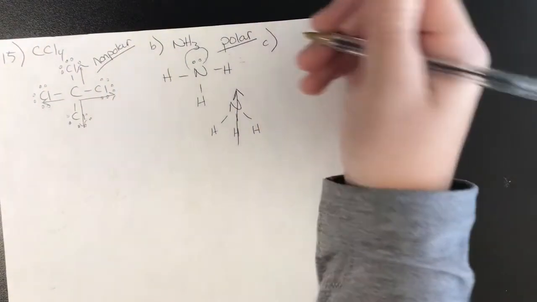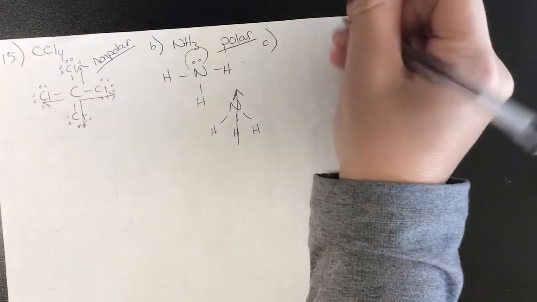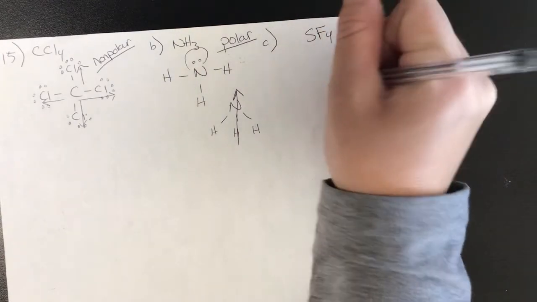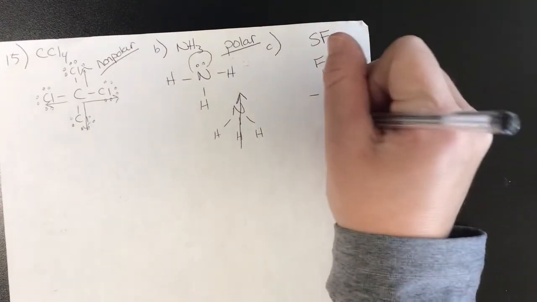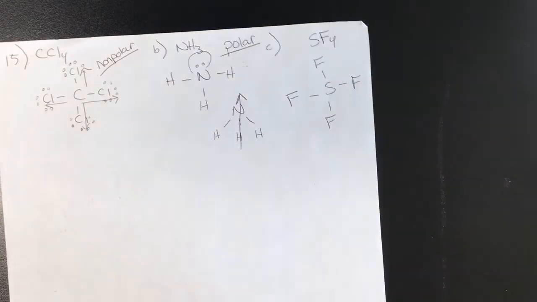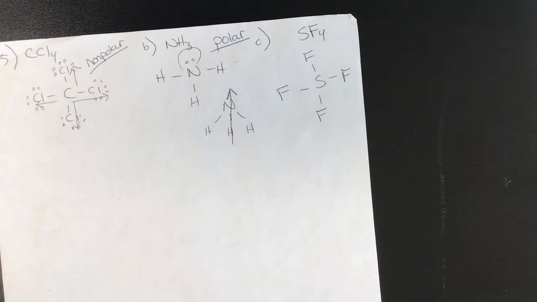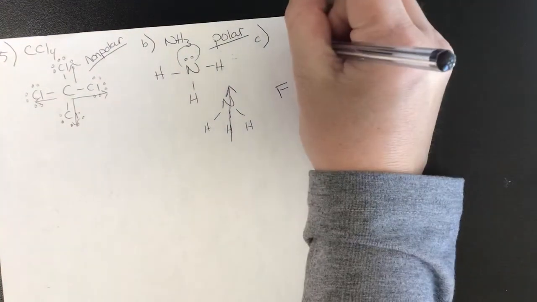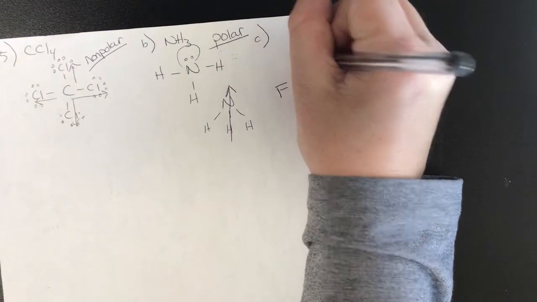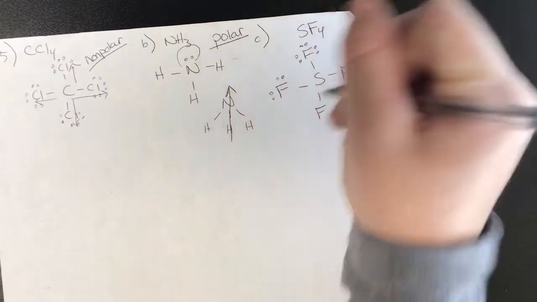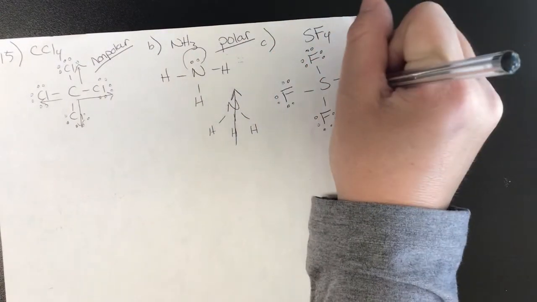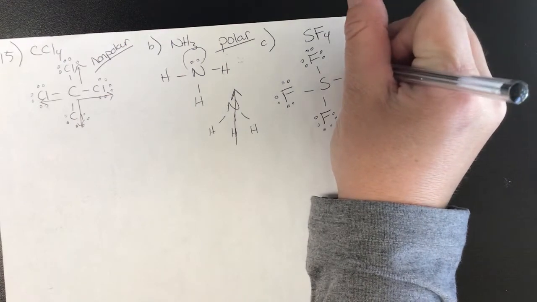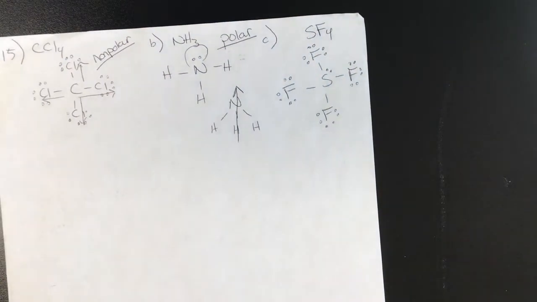Okay, and then C, we have SF4. Okay, and then we have the lone pairs on fluorine. And then after we get done putting the lone pairs on fluorine, we'll have 2 left over that go on sulfur.